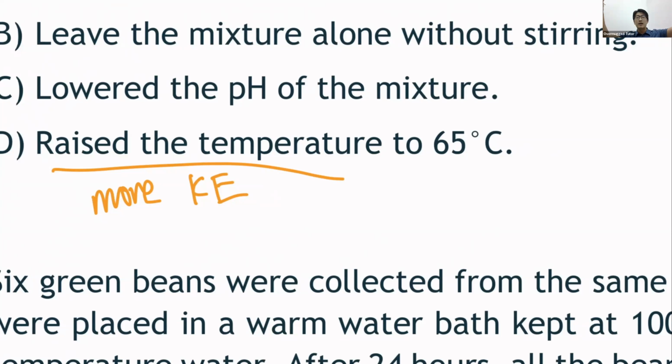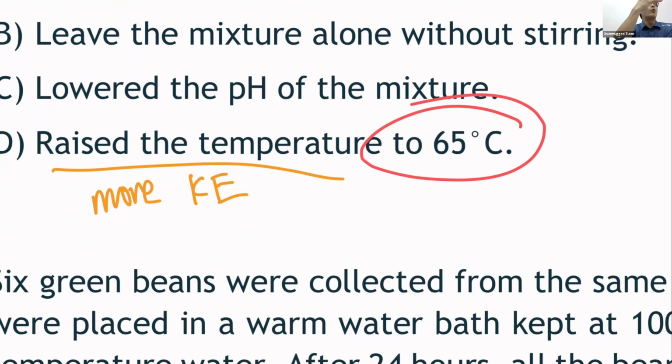Oh, that's the wrong answer. That's the wrong answer. Why? Look at that. 65 degrees Celsius. Where did I get the enzyme from? Your stomach. If I put you at 65 degrees Celsius, you will cease to be you. Okay?